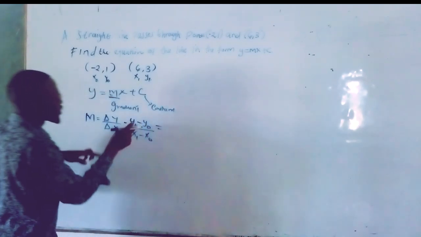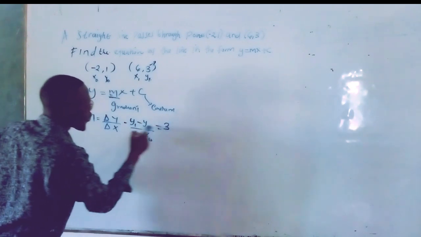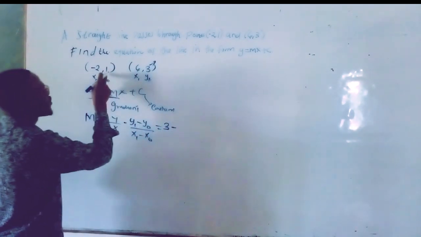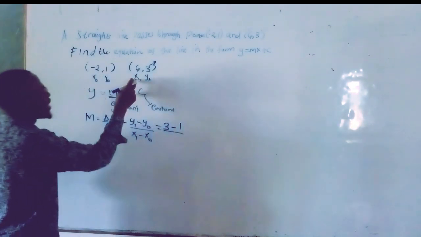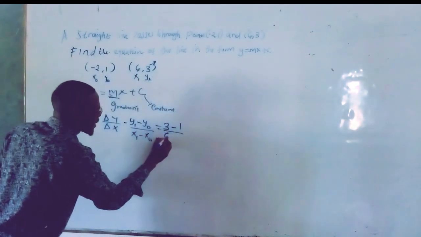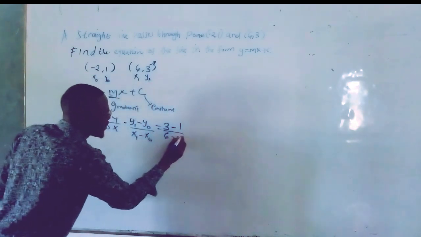Now we take the value of y1, which is 3, minus the value of y0, which is 1, over x1, which is 6, minus the value of x0, which is -2.